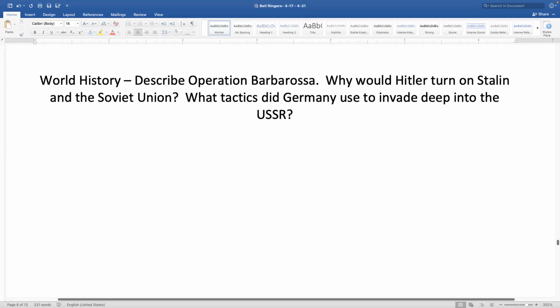I didn't get to mention this yesterday, but as the Germans are moving through the Soviet Union and cutting through them like a hot knife through butter, they actually destroy, literally rape and pillage many of these villages, these towns all throughout the Soviet Union. And by the end of the war, the Soviets lose over 27 million people.